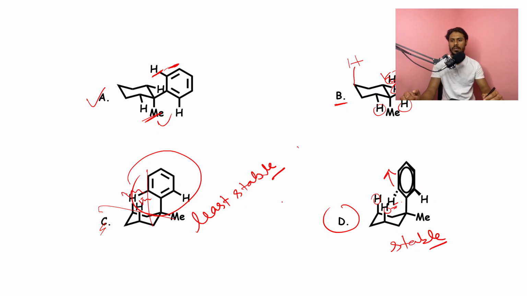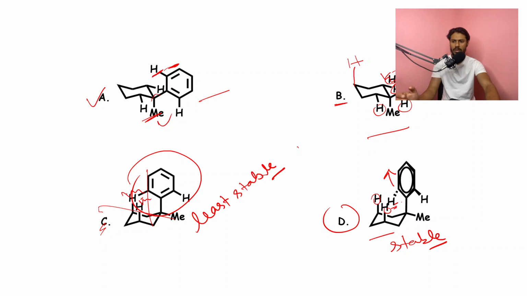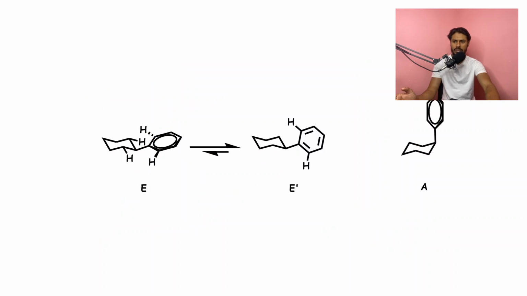Now we have to compare the relative stability of A, B, and D. But before that, let us look into a similar looking compound. The difference is that here we have a methyl substituent, and in this case we don't have methyl, we only have phenyl.